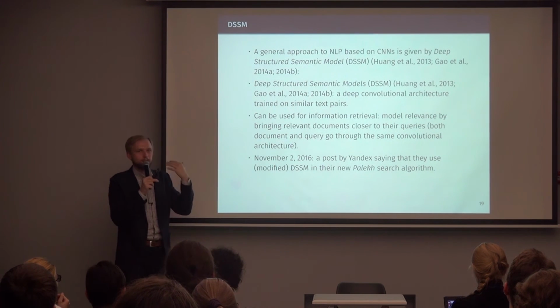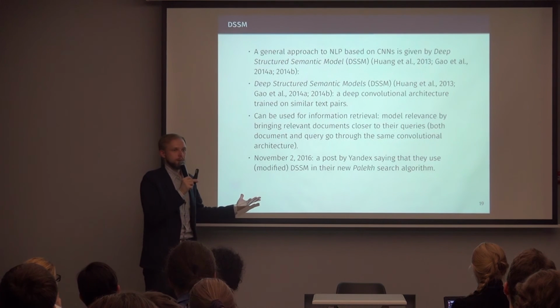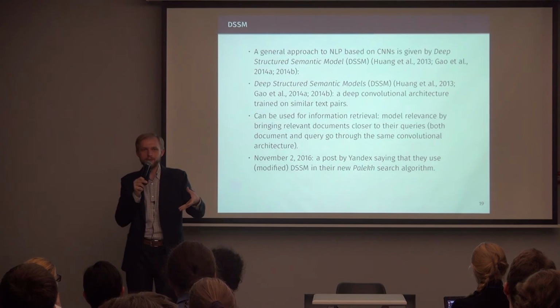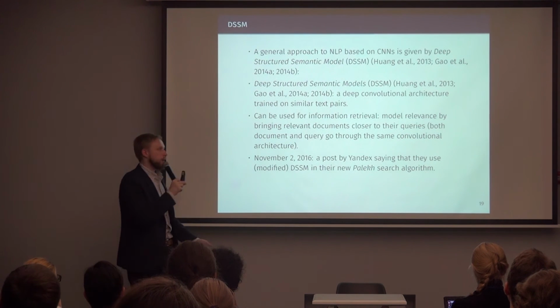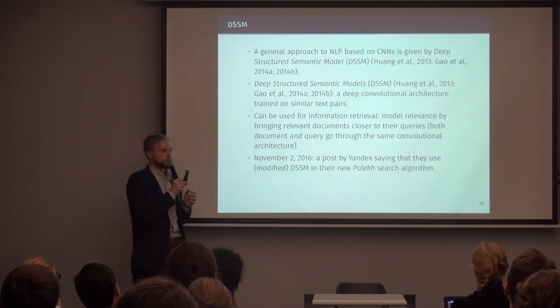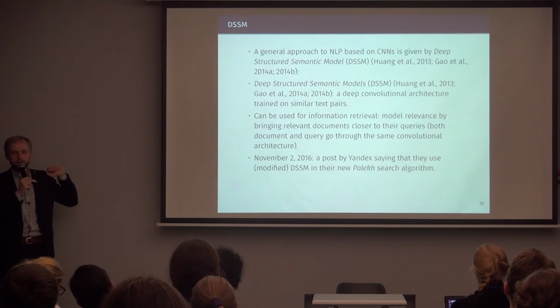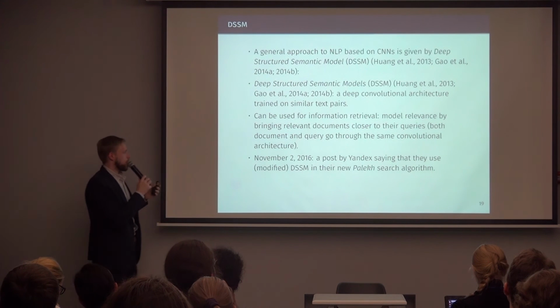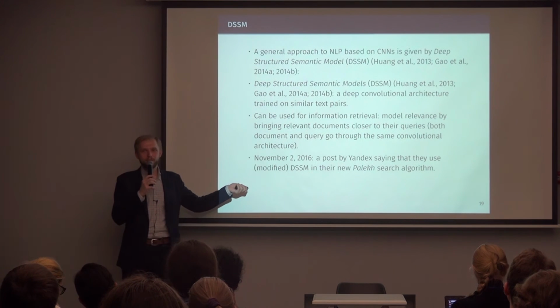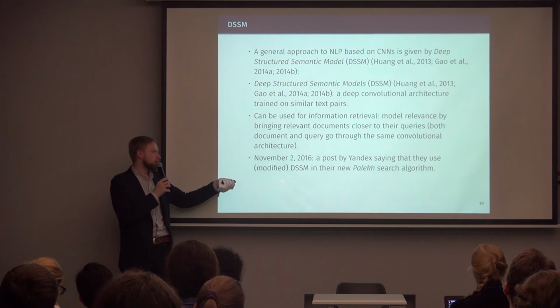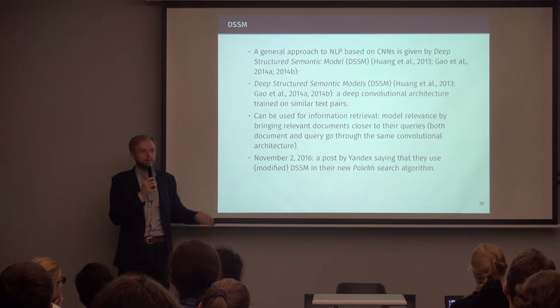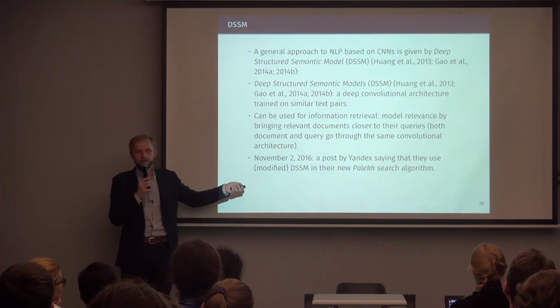And suddenly, when you reframe the problem like this, you have huge data sets, right? Search engines have huge data sets of relevant and irrelevant documents. And you can train this kind of architecture. And it started at Bing, at Microsoft Research. But I think this is an illustration of how rapidly developing all this stuff is.